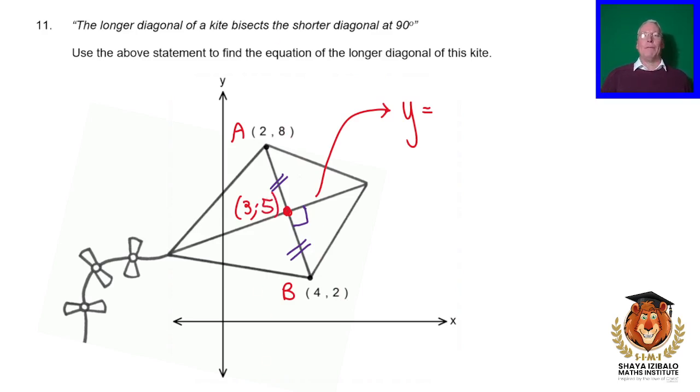The other way of thinking about that is to say, how much has my x value changed? It's changed by 2. And if I go halfway, I want to just go half of 2, which is 1. Either add 1 to 2 to get 3, or subtract 1 from 4 to get 3.